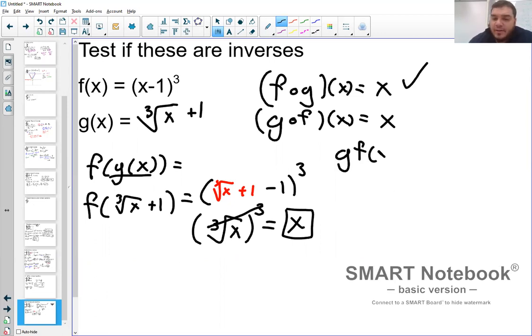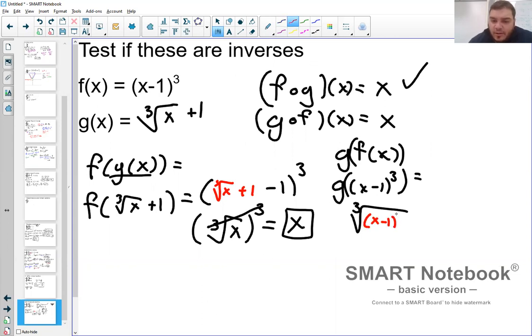g of f of x, which is g of the f of x, which is x minus 1, cubed. Which means I'm going to substitute this in. Again, I'll try to use a different color. The cube root of x minus 1, cubed, plus 1.